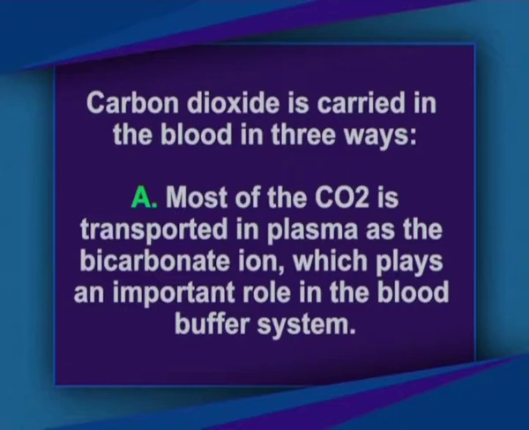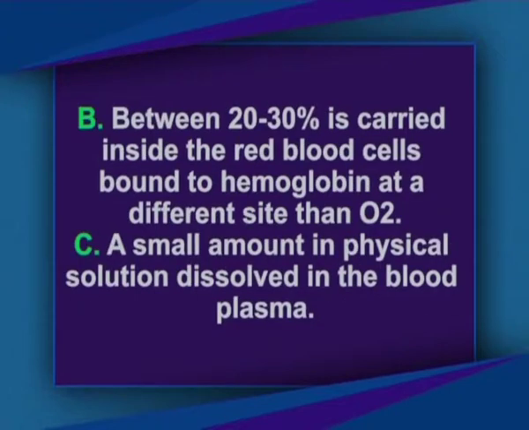Most of the carbon dioxide is transported in plasma as the bicarbonate ion, which plays an important role in the blood buffer system. Between 20 to 30% is carried inside the red blood cells, bound to hemoglobin at a different site than oxygen. A small amount is in physical solution, dissolved in the blood plasma.